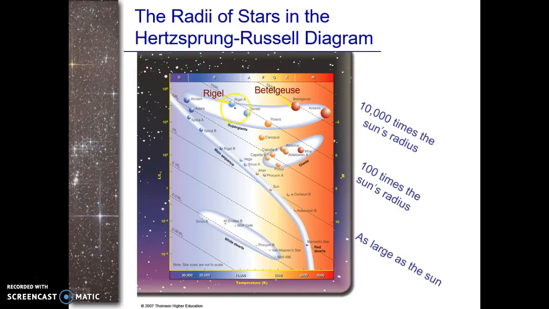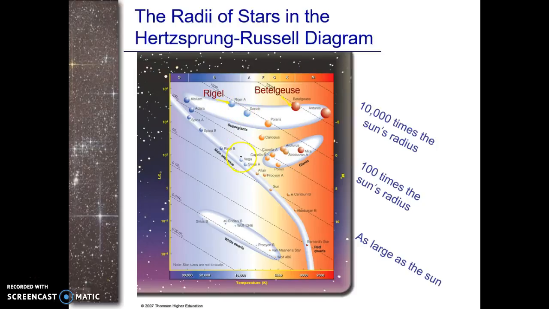All of these up here, where they're 10,000 times the sun's radius down to 100 times the sun's radius, are our supergiants. Our supergiants are 10 to 1,000 times larger than the sun. Rigel, which is right here, is more luminous than Vega.